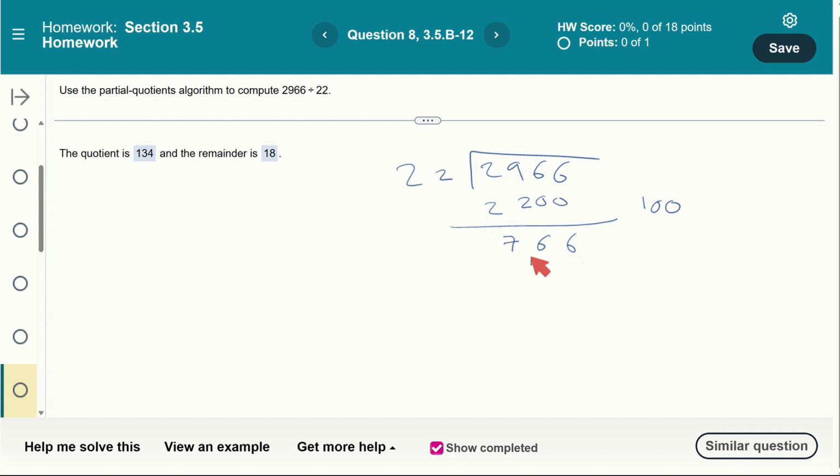And we can try 40, but that will be too much, right? So we can do 30. So 30 times 22. Can you do that without a calculator? I hope by now you can. So 30 times 22 we can think of as 20 plus 2, right?